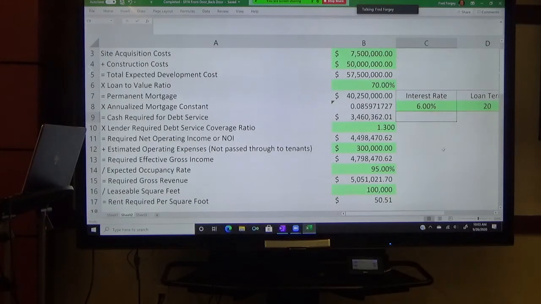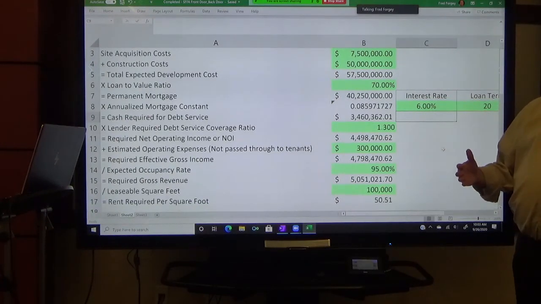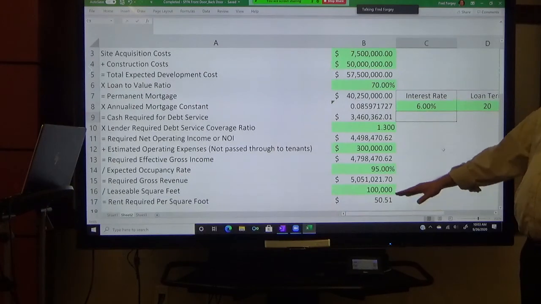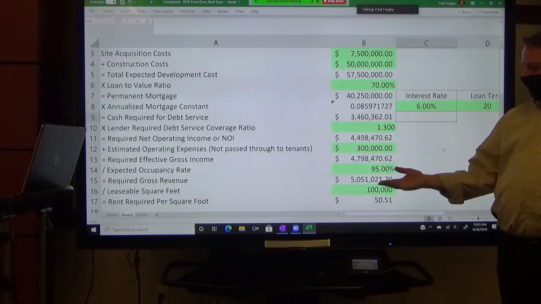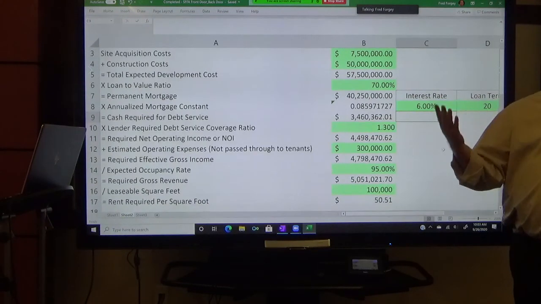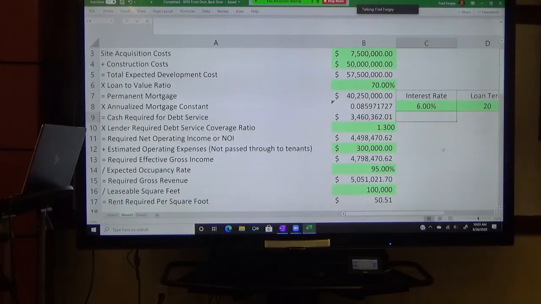Now, depending on the property type that you're dealing with, if you're dealing with apartments, retail, or office, you make whatever adjustments you need to make in terms of how you go about doing this calculation. Maybe per unit instead of per square foot, okay? But those are all very easy little adjustments that you can make, okay?